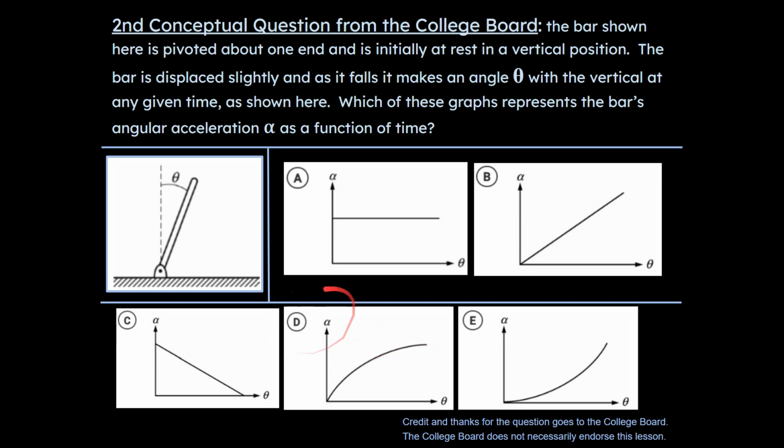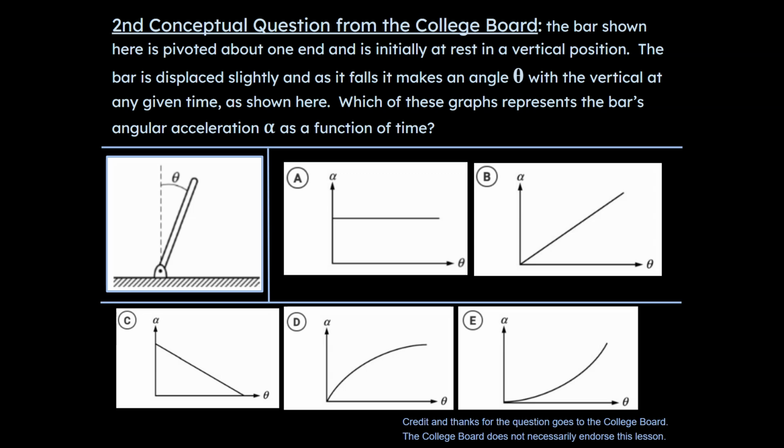So this is the only one that actually makes sense. But it's based on this idea that torque will increase as the center of mass moves farther and farther out as this thing comes down. Center of mass moves farther and farther out from the axis of rotation, leading to a greater and greater angular acceleration that's maximized at the horizontal position here.